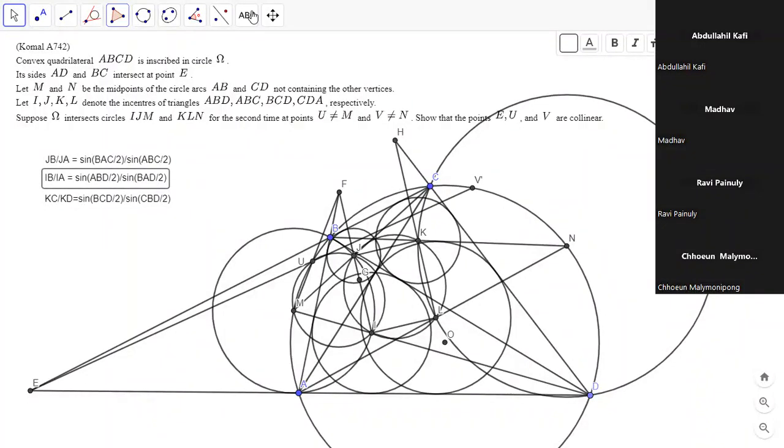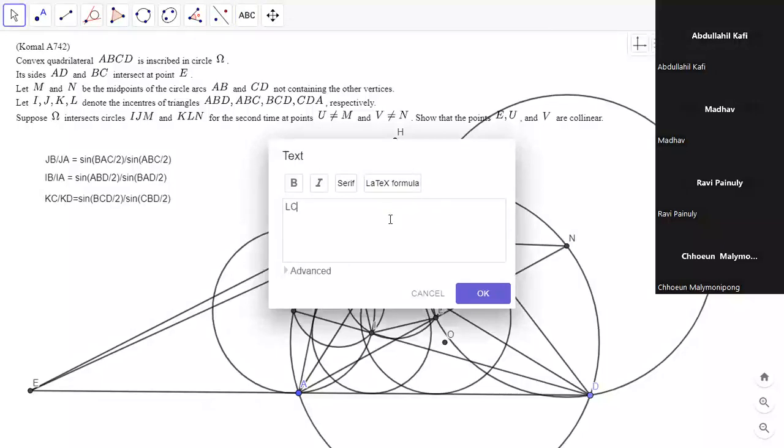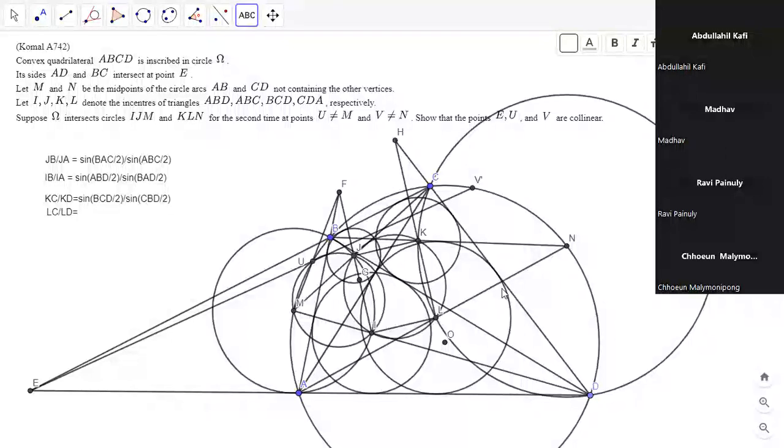And then LC over LD is sine CDA over sine ACD.